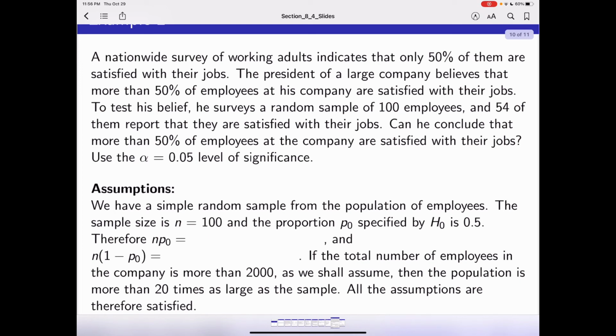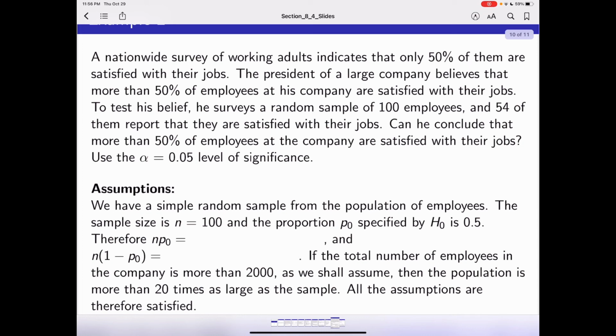Again, as always, we first check assumptions. Always check your assumptions first, because if your assumptions aren't valid, your hypothesis test won't be valid. Don't even continue. So always check your assumptions. We have a simple random sample, check.